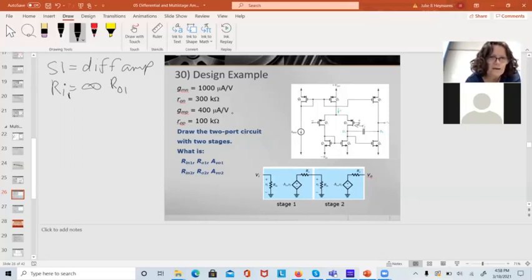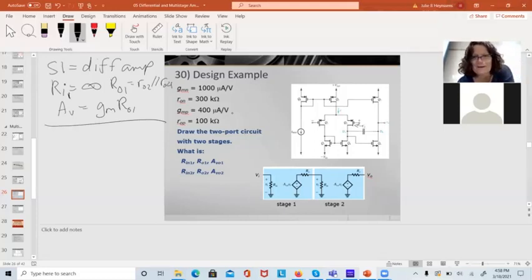RO1 is RO2 in parallel with RO4. And its gain, GM RO1. I want to do this very conceptually because I want you to get to the ideas here.